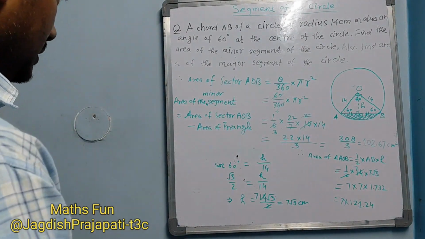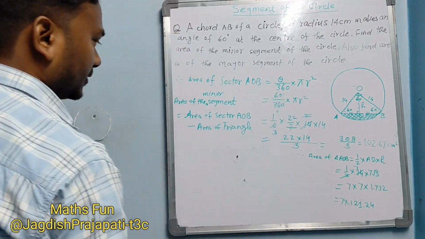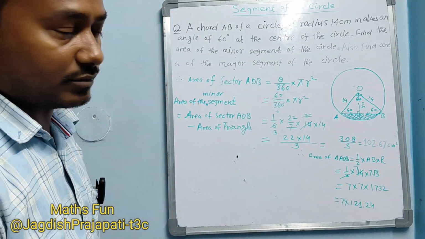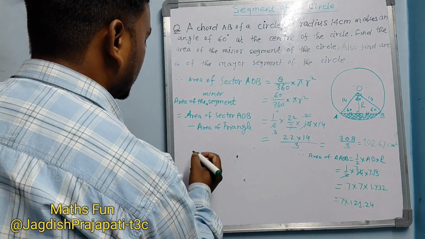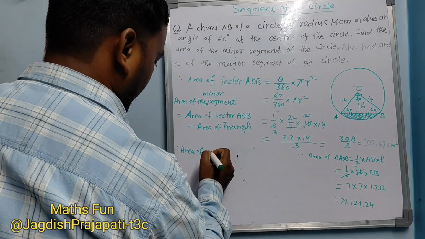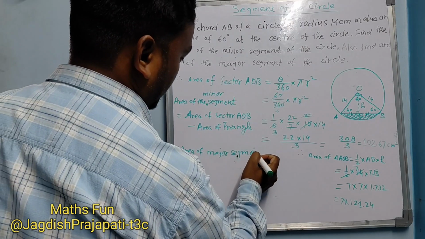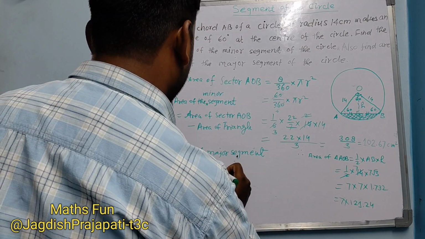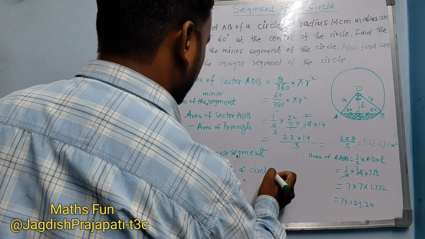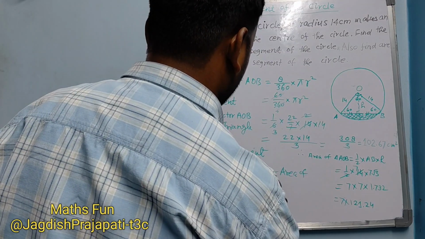Since there is no place, and since this is only simple multiplication and subtraction, I am leaving it for you as an exercise. And therefore area of major segment will be area of circle minus area of minor segment.